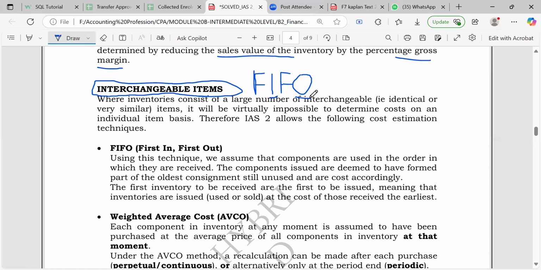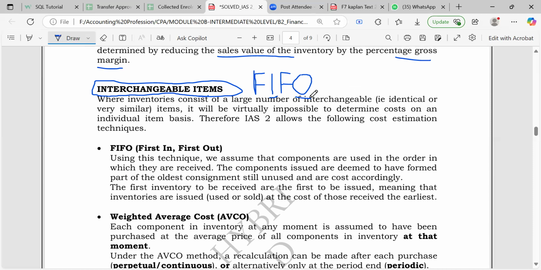Because you may find there's something called process costing, for example. Maybe you're processing products. So we can say in that case, if you're using FIFO, the first items to be processed are the first to be completed. When you deal with process costing, we give priorities. Which items should be completed first?